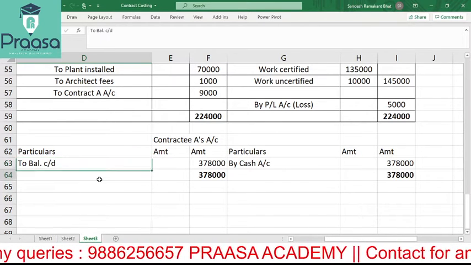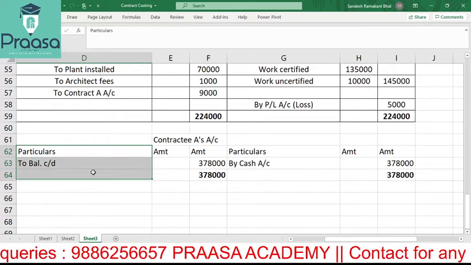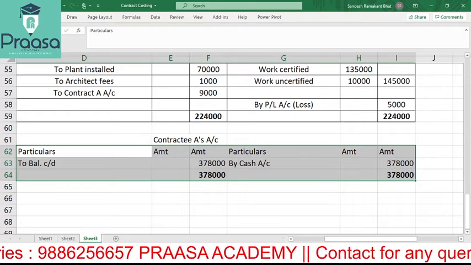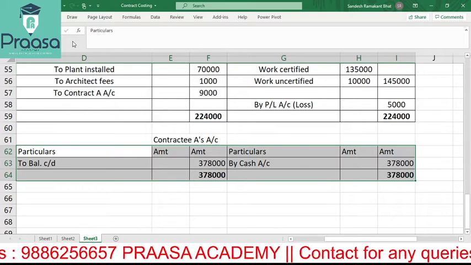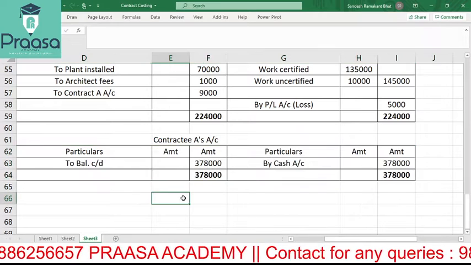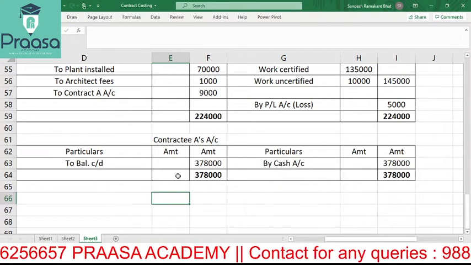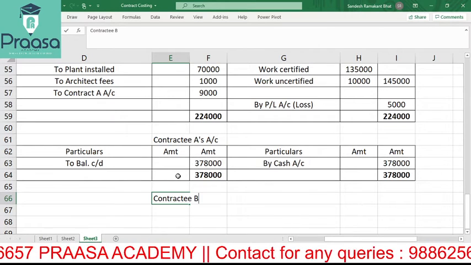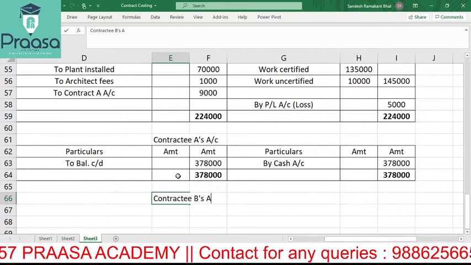Okay, so this is how contractee A's account is over. In the same pattern, we have to do contractee B's account as well.